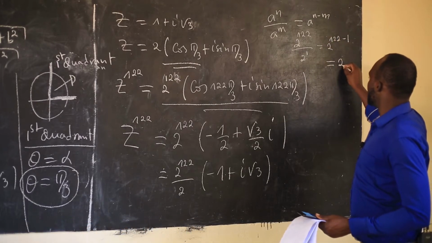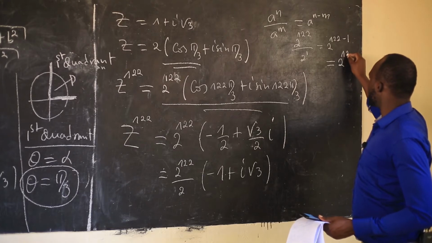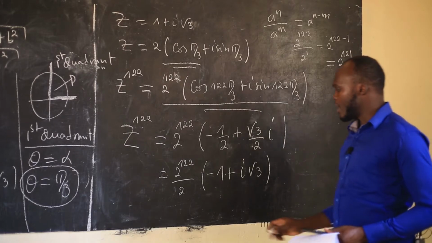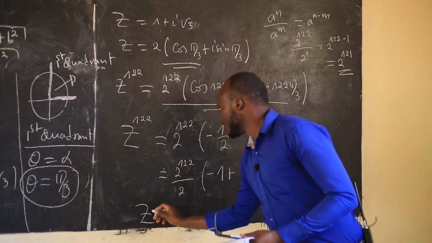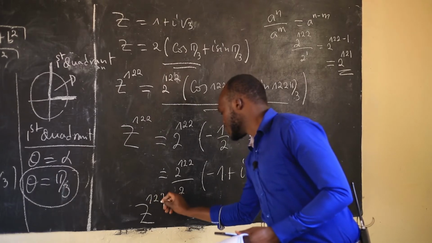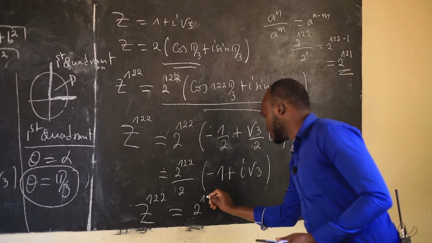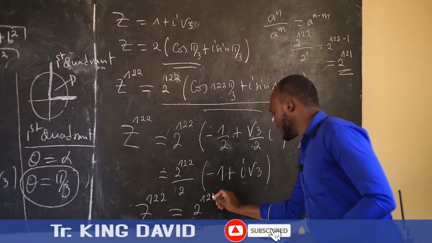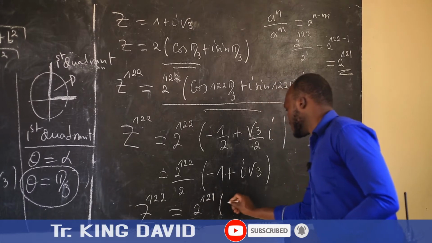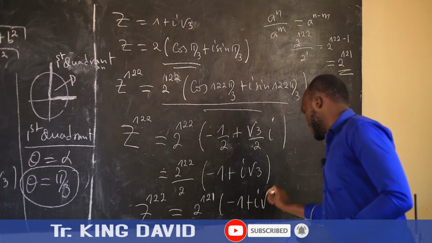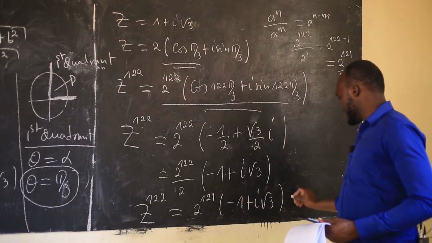The answer is 2 power 121. So now our z power 122 is 2 power 121 into bracket negative 1 plus i root 3. So this is our answer.